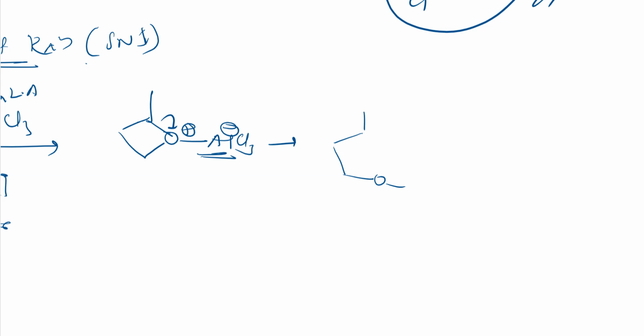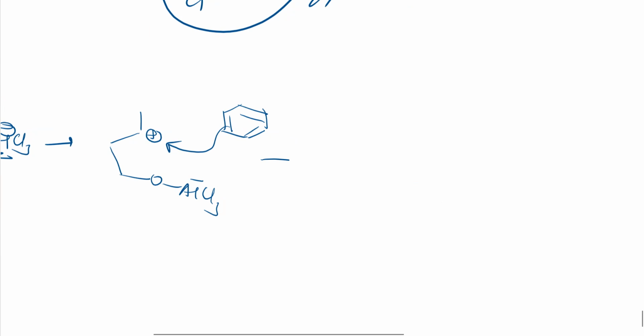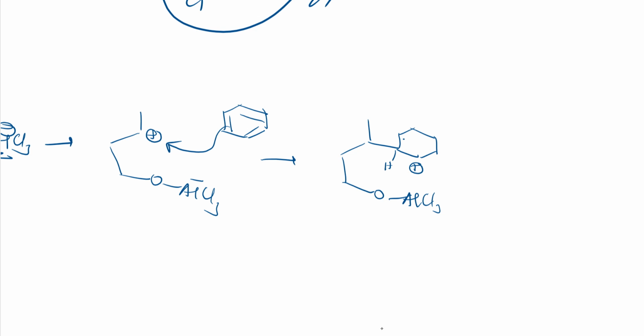So here I have the benzene ring, right? This benzene ring gives its electron density like this, and here positive charge will be there, with one hydrogen and double bonds like this.